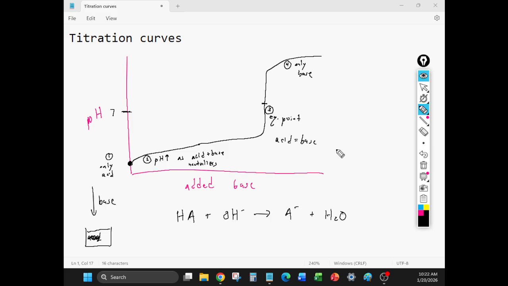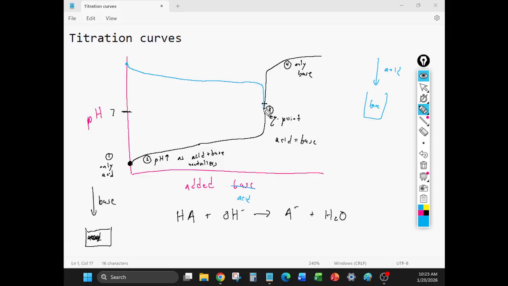Okay, now, if you were doing it the other way, so for example, I'll do it in blue. Let's say that instead you are adding acid. So let's flip the scenario, right? Let's say that you had a container of base and you're adding acid to it. Well, if you only start with base, your pH will be greater than 7, right? And then as you add acid, your pH will start to go down until you get to equivalence point.